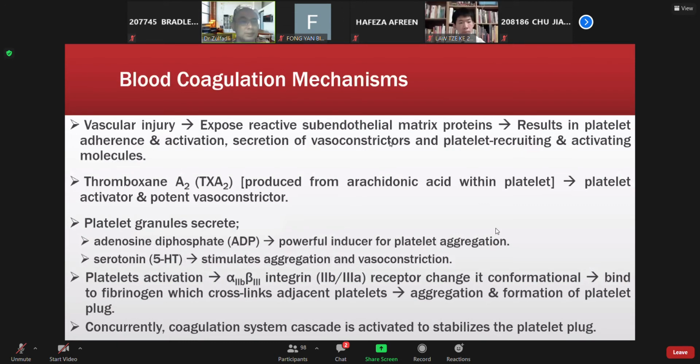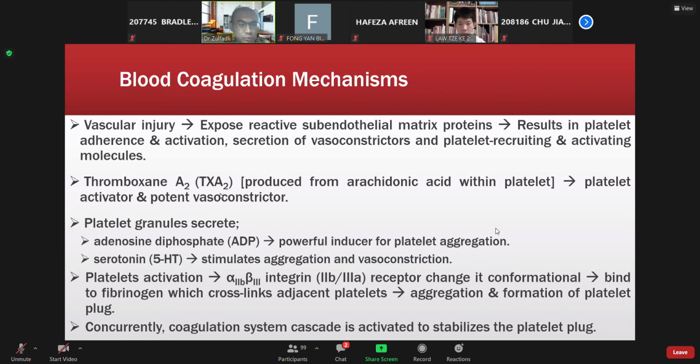Blood coagulation mechanism. So what is actually happening when vascular injury happens is that it exposes the reactive subendothelial matrix proteins. This results in platelet adherence and activation, and also secretes vasoconstrictors and platelet-recruiting and activating molecules.